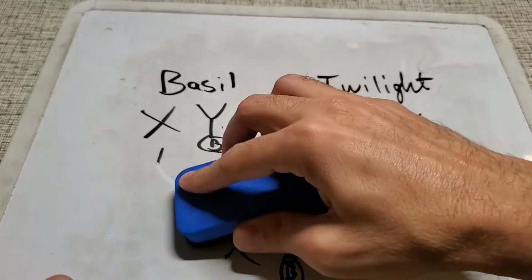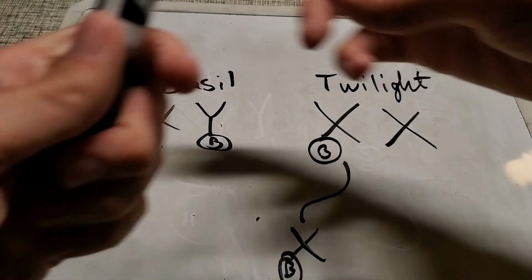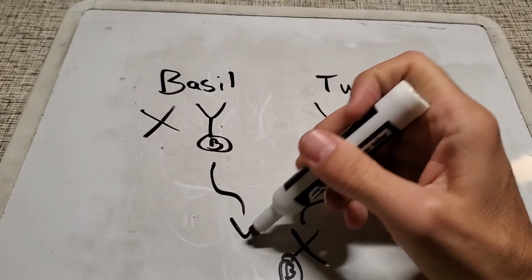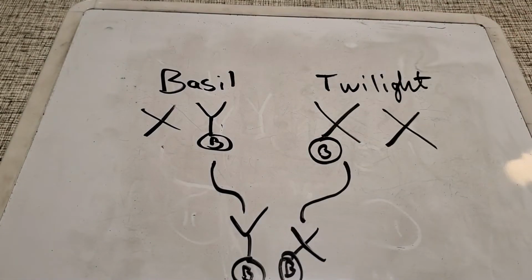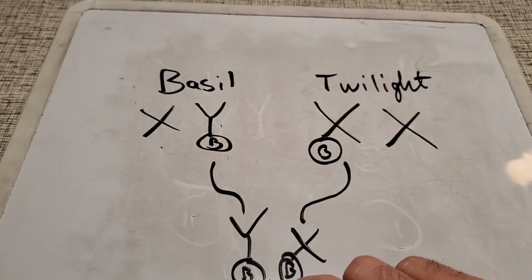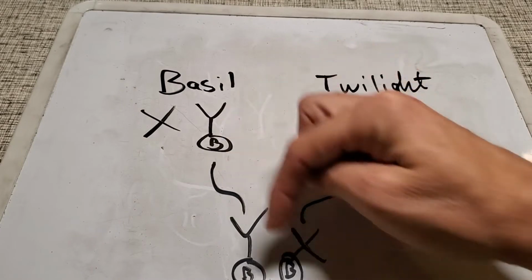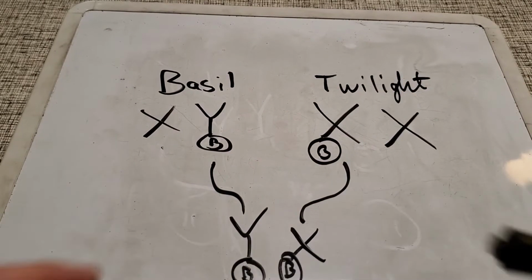What we're hoping will happen, what I'm hoping will happen at least once, is that both Twilight and Basil will throw banana. That gives me a homozygous super banana, which I can assume will be male, because if it has banana from both parents, that means that Basil had to have thrown his Y. So if I get supers, then I know my supers are males.